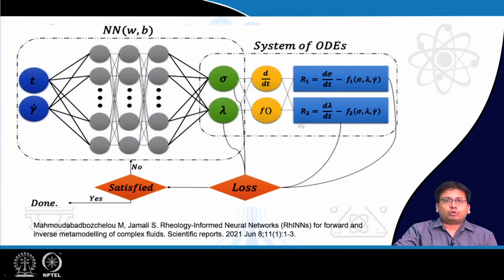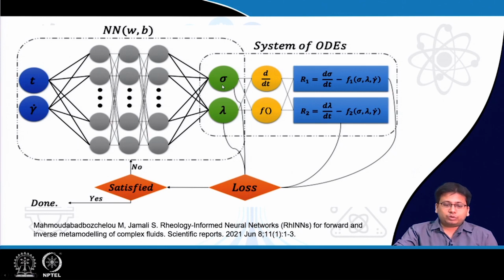So f1, f2, all these functions it should be able to approximate, provided it is trained with a lot of data. But whatever values it estimates, that is sigma and lambda, can we really guarantee that it will be following these two constraints? That is, can we say that d sigma dt will actually be equal to this function and d lambda dt will be equal to this function? That in general we cannot say.